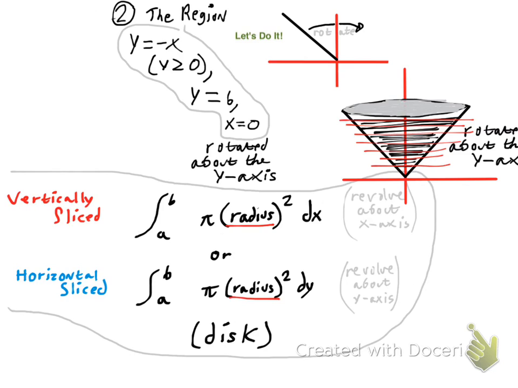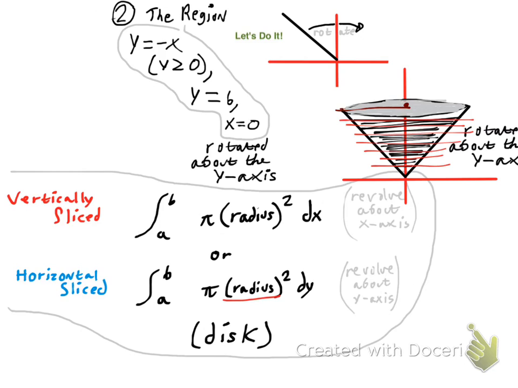Now, the radius is the only part that has to be considered. The radius is simply y equals negative x, isn't it? Well, for one, we are using this formula, right? So this is the radius we're concerned with. What is the radius? The radius of either of these cylinders would be, well, this would be the whole diameter. But we're only concerned about the radius, so the radius is simply half of that, down to here.